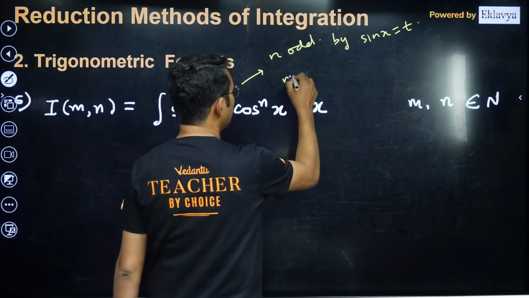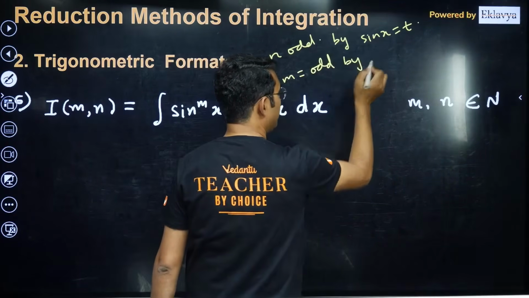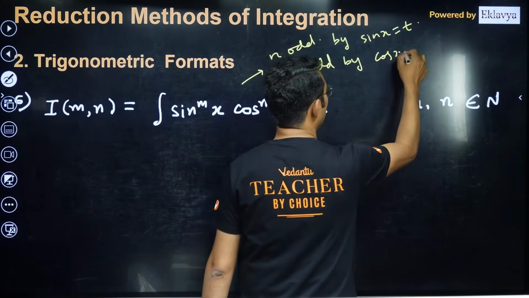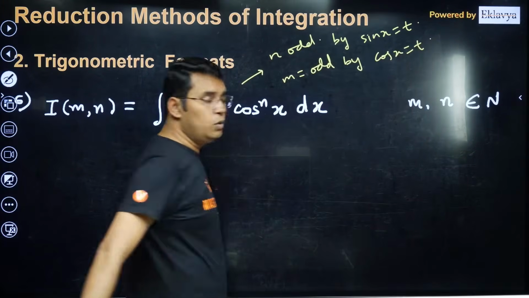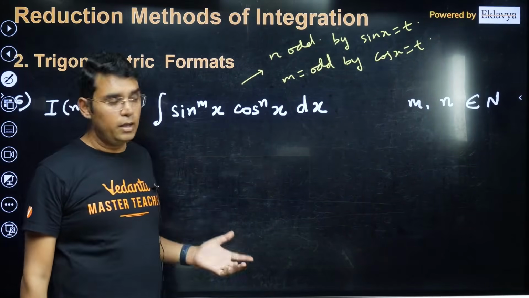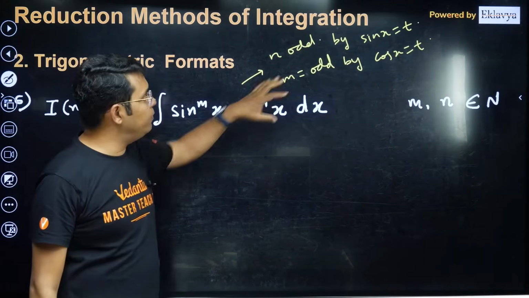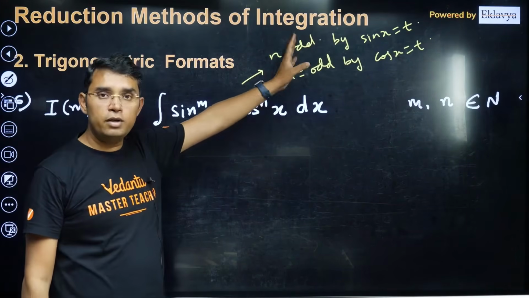If m is odd, same explanation, but you have to put cos x as t, and you can do it by substitution directly. But if both are even, in fact the method which I am going to tell you will cater to both cases, even, odd, whatever.